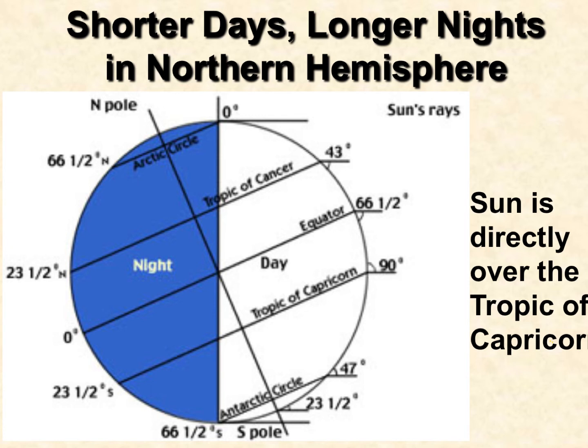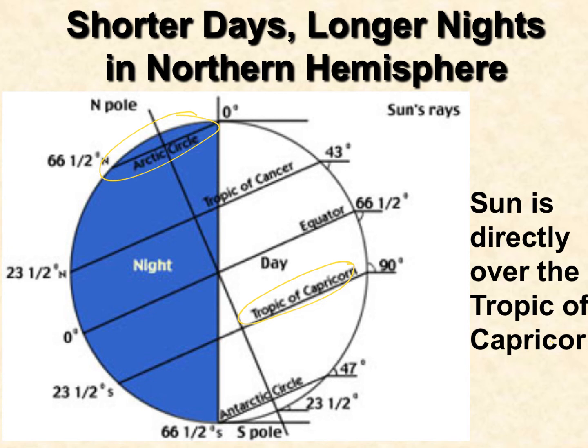But at the opposite time of year, in December, the northern hemisphere is tilted away from the sun. The sun lies directly over the Tropic of Capricorn at 23.5 degrees south. As the southern hemisphere has summer, much more of the northern hemisphere is in darkness, and that's why the winter is colder. In fact, no light hits the areas north of the Arctic Circle at all.